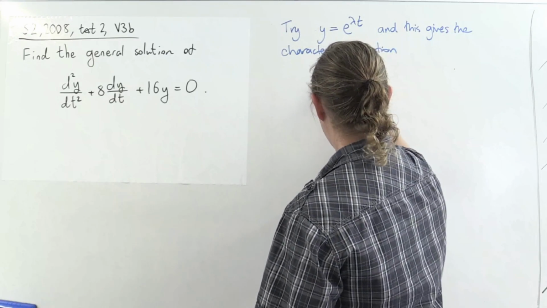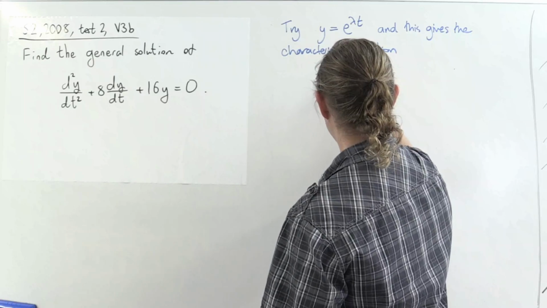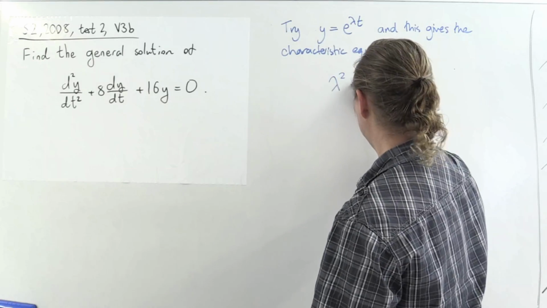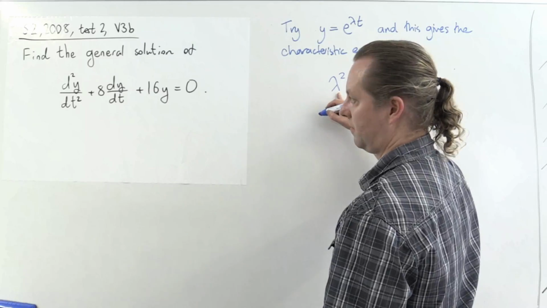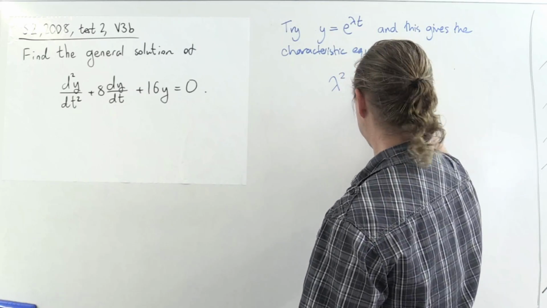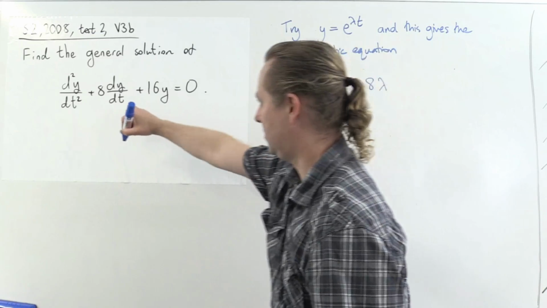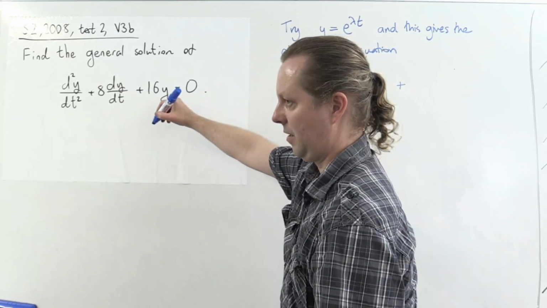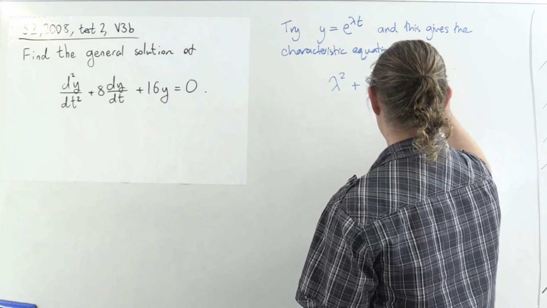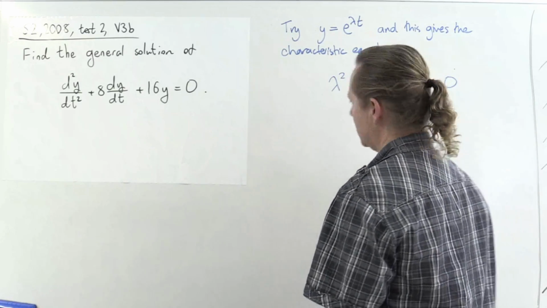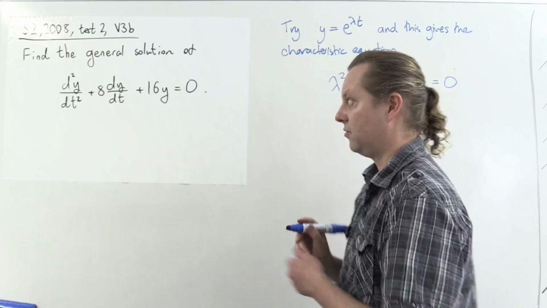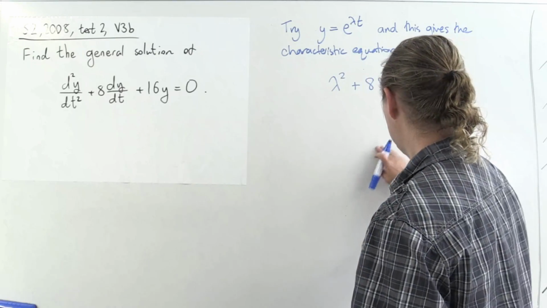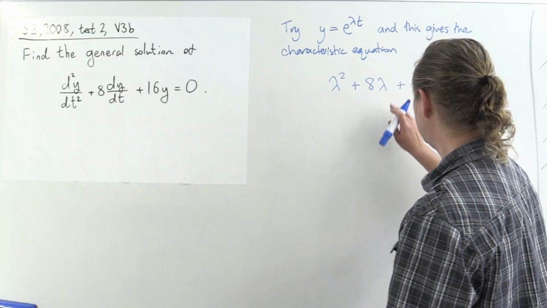I'm going to cancel out all the e to the lambda t's and just write down what we're left with. The second derivative gives you a lambda squared, the first derivative just gives you a lambda, it's 8 lots of the first derivative, and then there's just an e to the lambda t which has been cancelled out, so this is plus 16. We're always going to get a quadratic if you've got a second order equation, and so we can now solve this to find the roots.